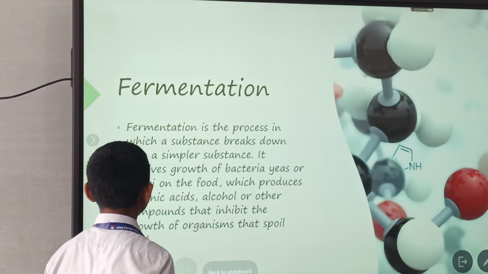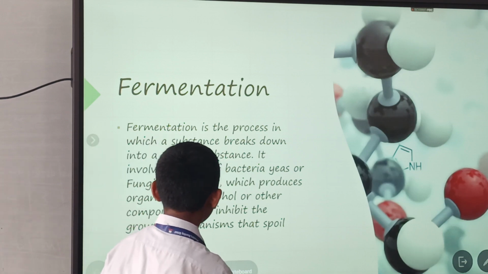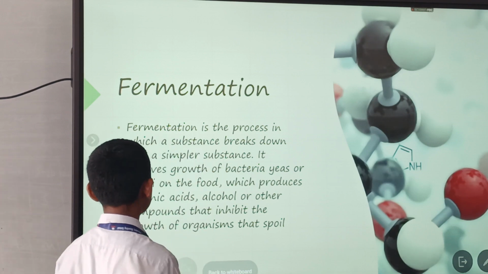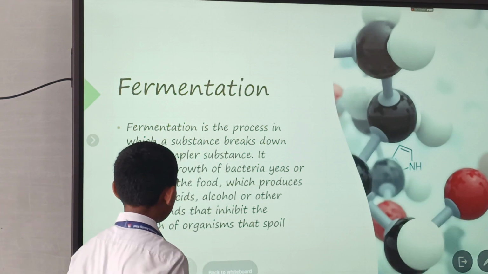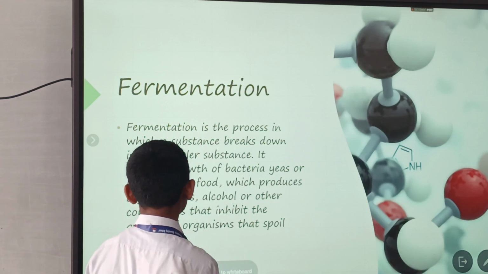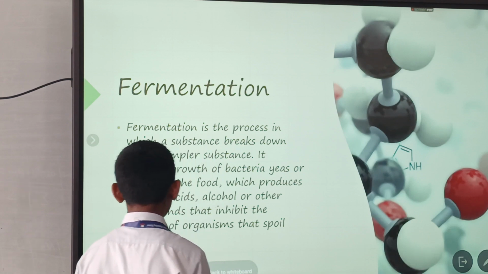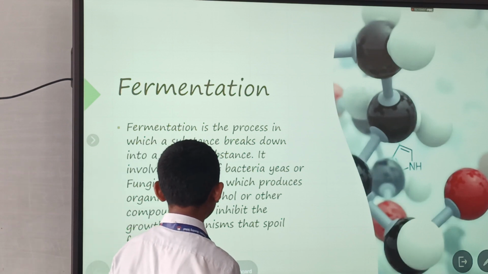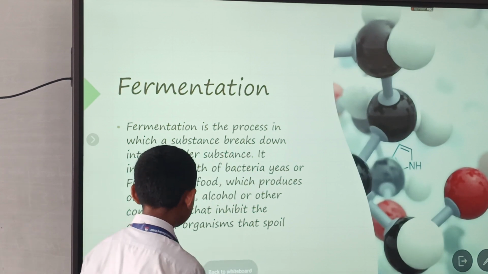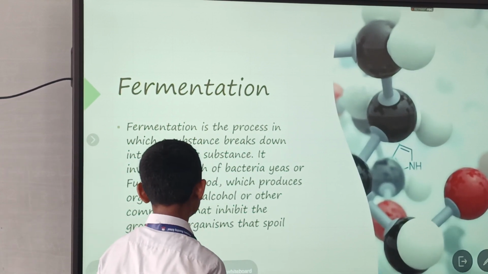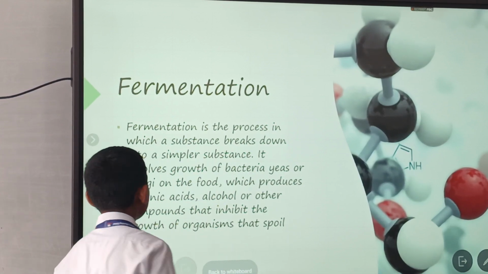Fermentation is the process in which a substance breaks down into a simpler substance. It involves the growth of bacteria, yeast, or fungi on the food, which produces organic acids, alcohol, or other compounds that inhibit the growth of organisms that spoil food.